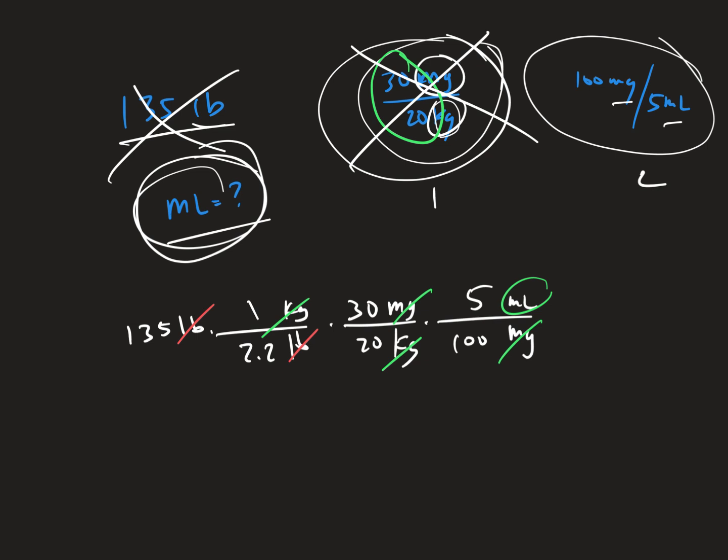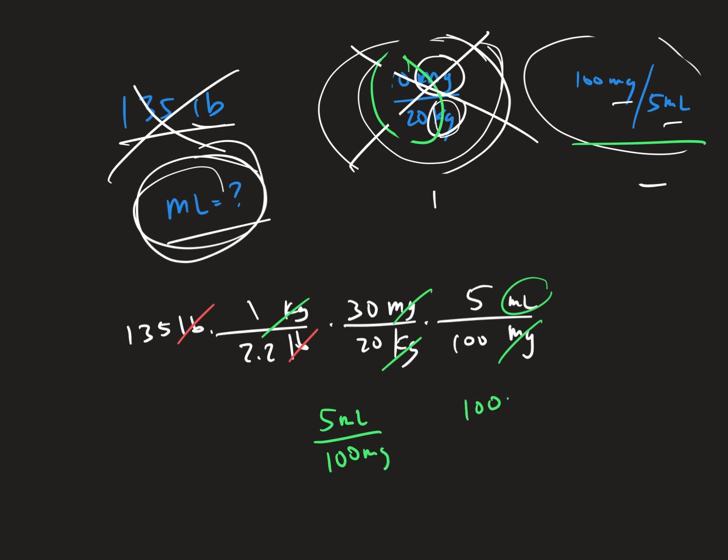So the conversion rates can flip-flop however you need them to be? Yeah. So this one right here, we flipped it upside down, didn't we? Because if we have 5 milliliters of this solution, it has 100 milligrams of penicillin, for example.